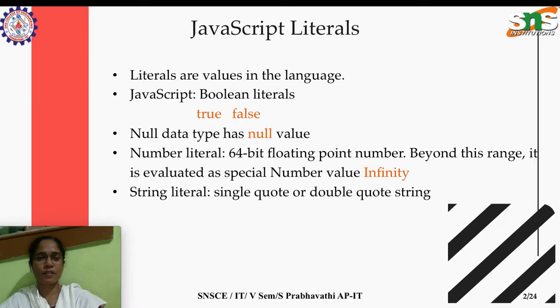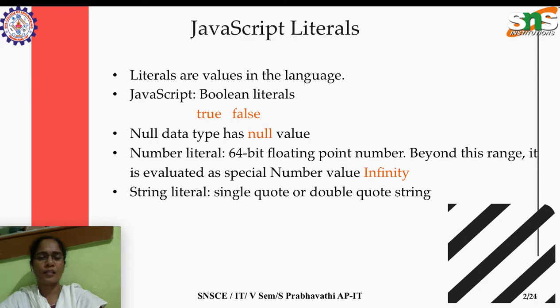JavaScript literals are nothing but the values for the variables, that is, what type of value the variable will take. For example, for Boolean the literals are true or false, and there is one data type called null that has the value null itself.